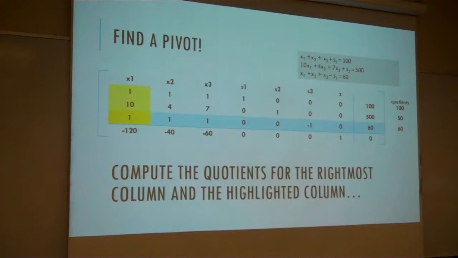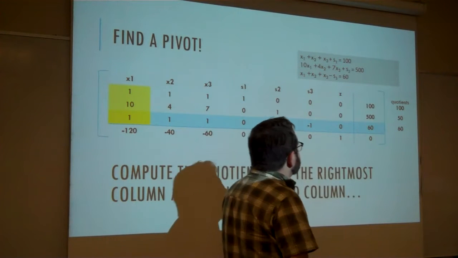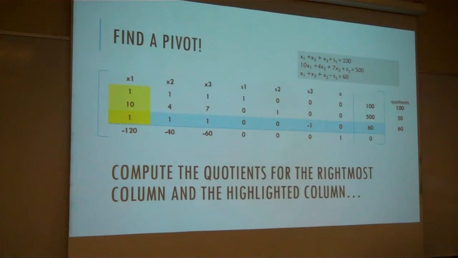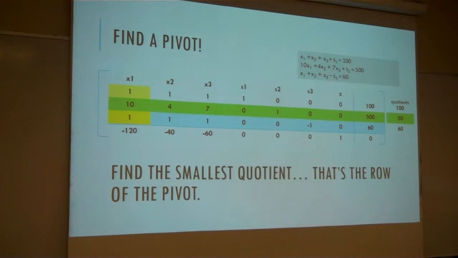So let's investigate the quotients. 100 divided by 1 is 100. 500 divided by 10 is 50. 60 divided by 1 is 60. We've got our quotients. Just like before, we throw out any of them where we divided by 0. We throw out any of them where the denominator was negative, but that didn't happen this time. So we just pick the smallest one, and the smallest one is the one I highlighted right there. So that's the row with the pivot. Now we know the row with the pivot and the column with the pivot. So we have the pivot.